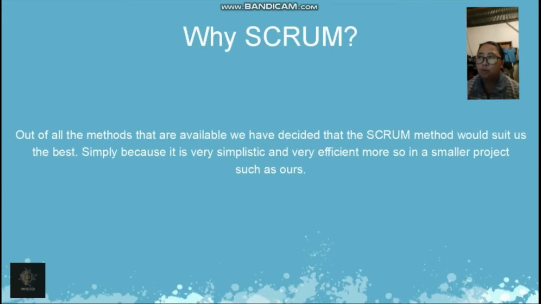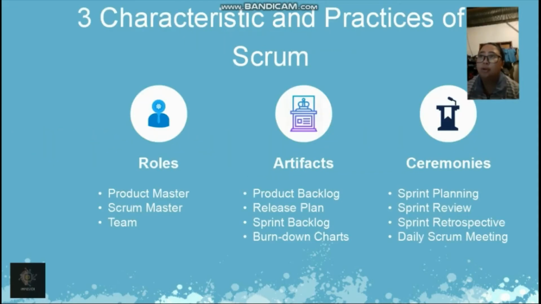And why Scrum? Out of all the methods that are available to us, we have decided that the Scrum method would suit us the best. Why? Simply because it is very simplistic, very efficient, and more so in a smaller project such as ours. There are 3 characteristics and practices of Scrum: roles, artifacts, and ceremonies.